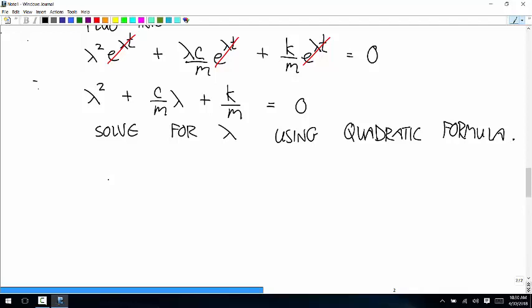And let's see, you get negative c over m, plus or minus the square root of c squared over m squared minus 4 times 1 times k over m.